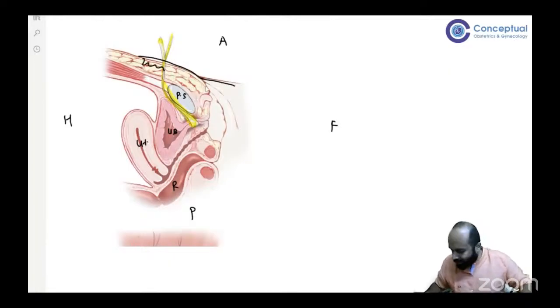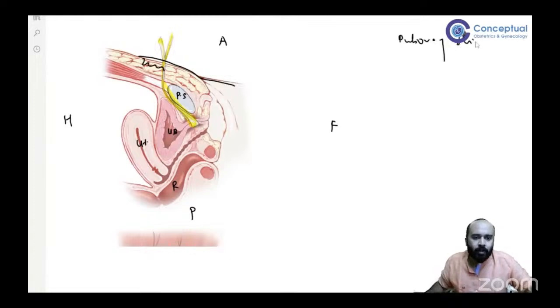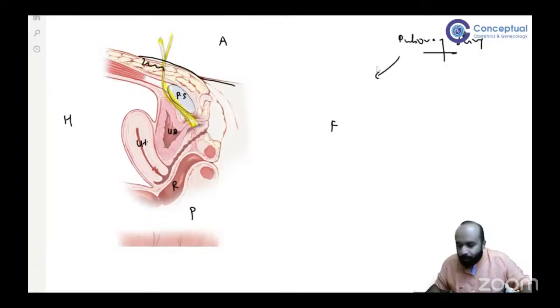So what we do in this surgery is, in a pubovaginal sling surgery, first of all, I need to determine where I make this sling from. That sling can be autologous, meaning I can make it from my own body.